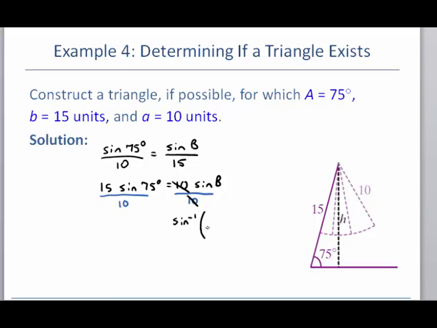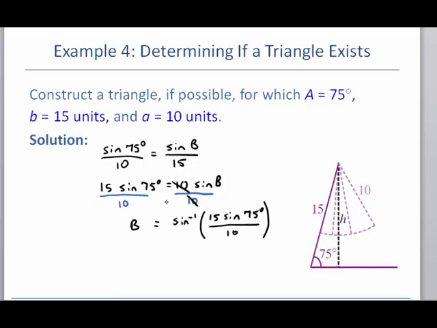So we're going to enter sine inverse of 15 sine 75 degrees over 10. And that should give me angle B. So you want to change your calculator to degree mode. And then we want to enter that in. So inverse sine, we're going to do 15 sine 75 and divide that result by 10.